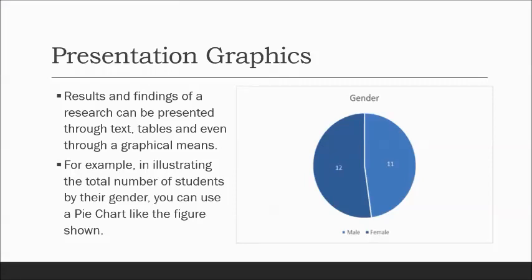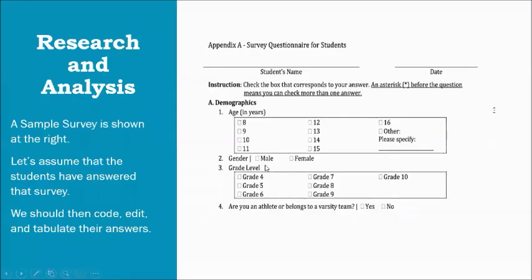So sabi dito, results and findings of the research can be presented through a text, tables, and even to a graphical means. So pwedeng tables, pwedeng graph, or pwedeng text lang. Okay? So for example, in illustrating the total number of students by their gender, you can use a pie chart like this figure. Yan. Say for example dito, okay, sumagot na estudyante ng kanilang gender. Yan.